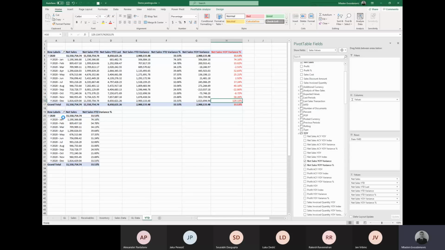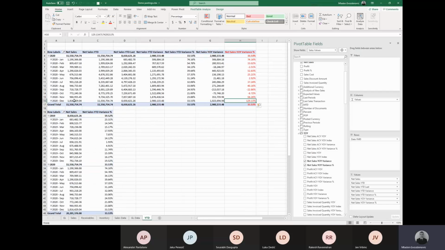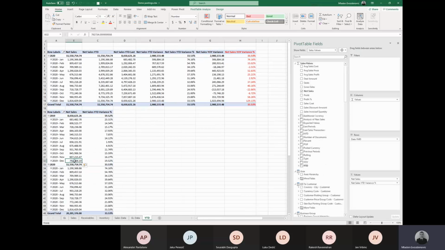Let's just quickly check if this is true. So if our sales in December is 1.8 million, yes, you see, December last year was 800. So it's more than double. That's why this is very high, but cumulative, okay, it is like this because in some periods we were not doing that well.